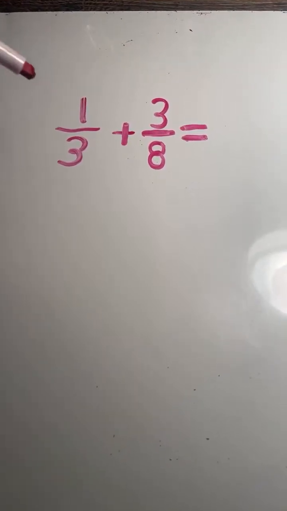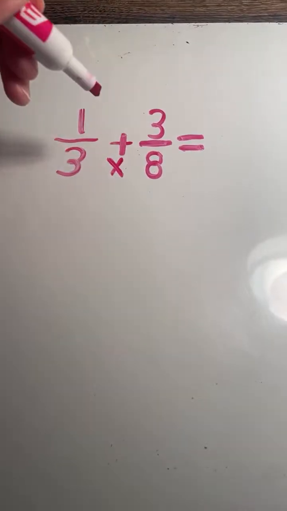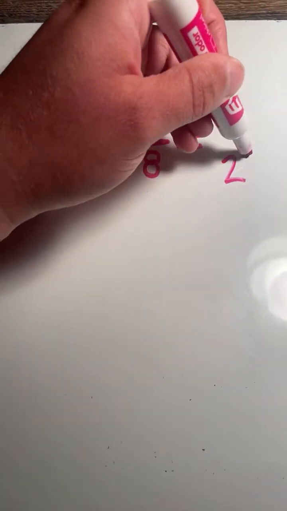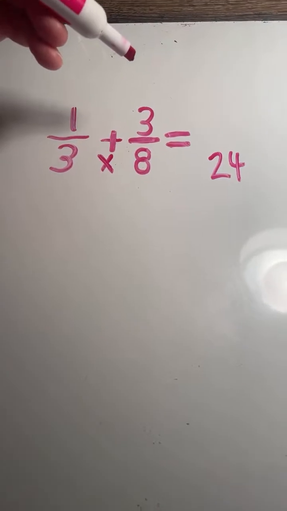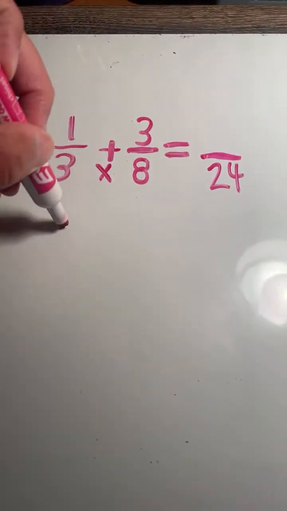Step 1, we multiply our denominators to find a common denominator. 3 times 8 equals 24. So 24 is our common denominator.